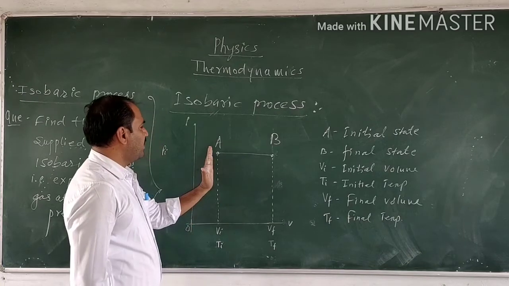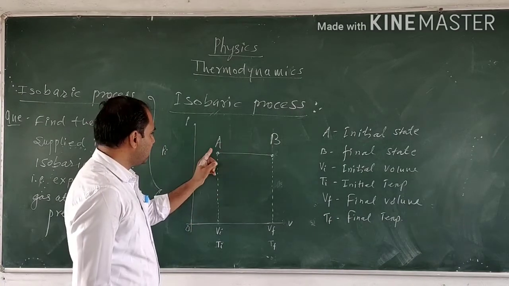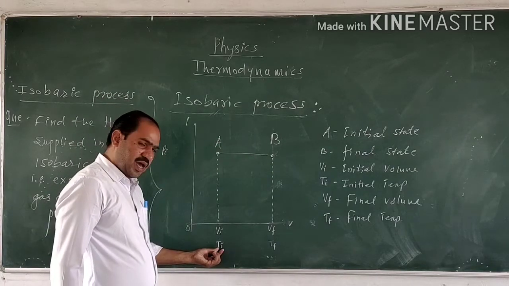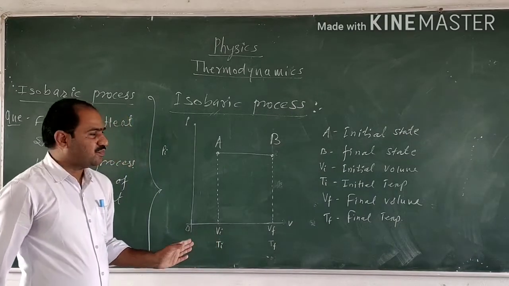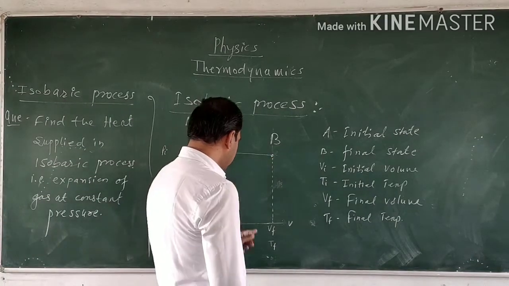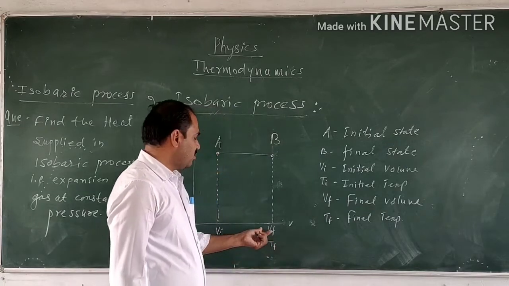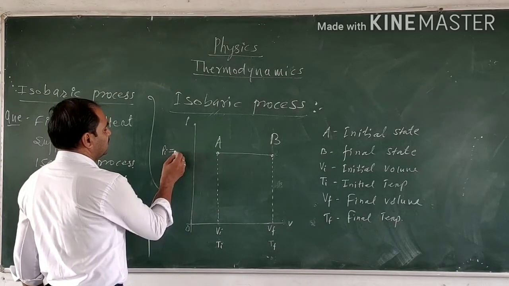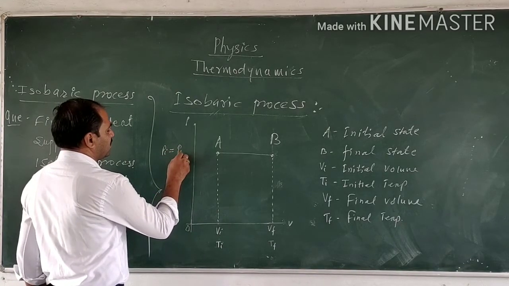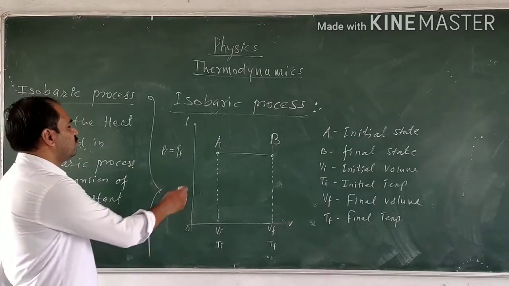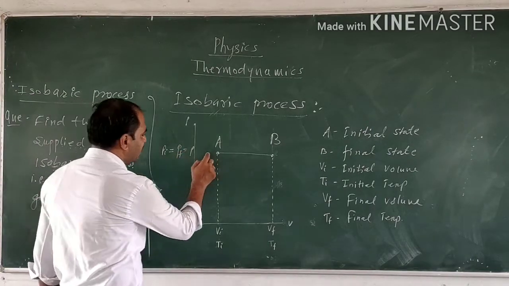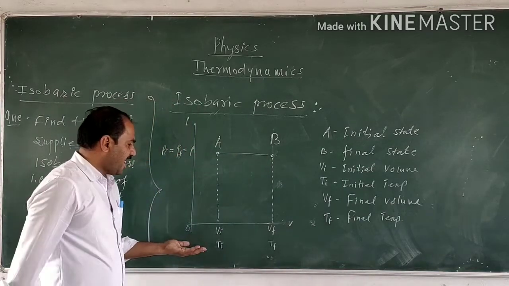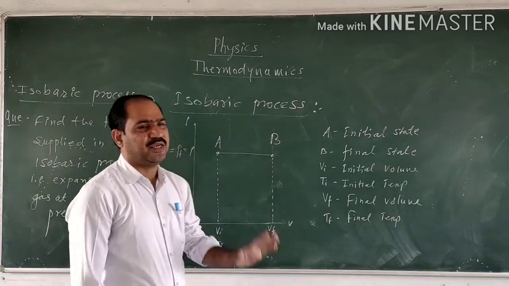While the gas is expanded from A to B, from initial state to final state, at the point A its initial pressure was Pi, while volume was Vi. After the expansion at the point B, its final temperature is Tf and the final pressure is Pf. So after the expansion, Pi must be equal to Pf, that is equal to, suppose, P. Means pressure at the point A and pressure at the point B. This line parallel to the x-axis denotes no change in the pressure.